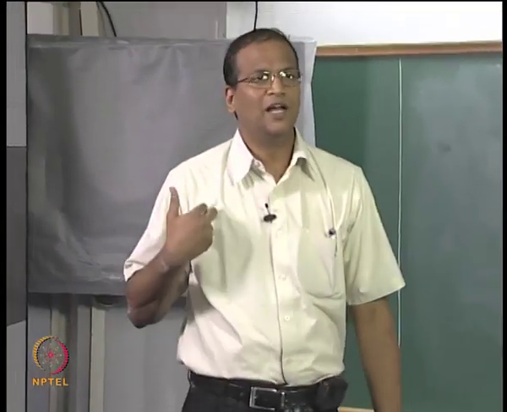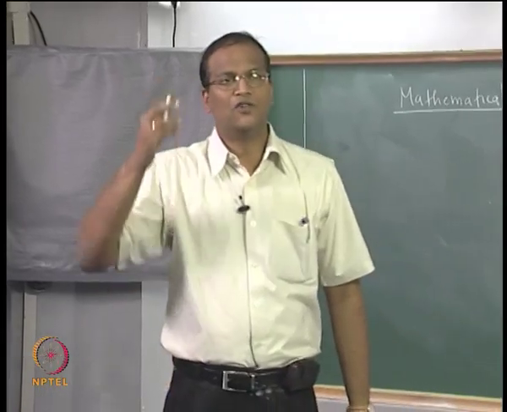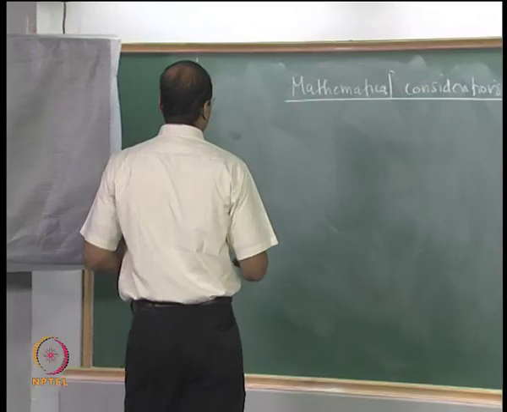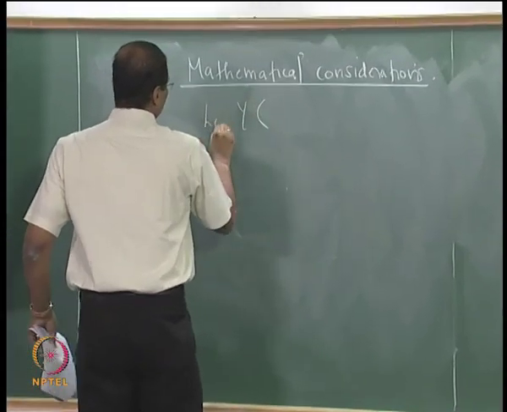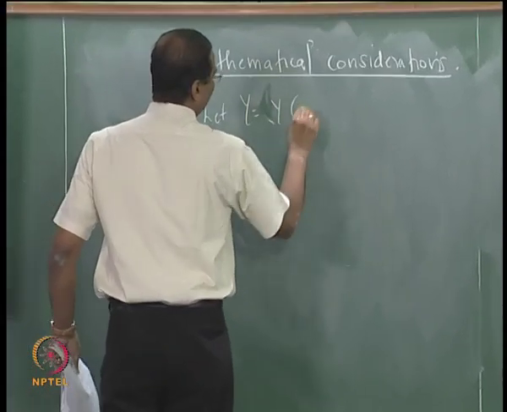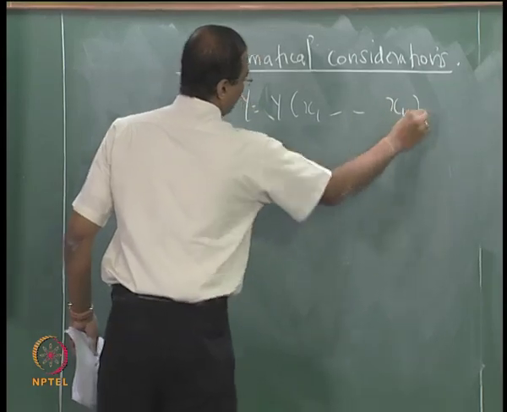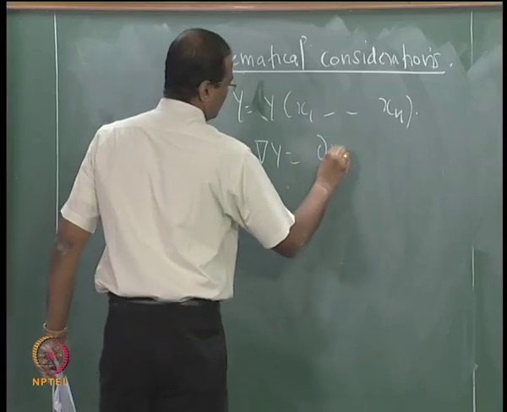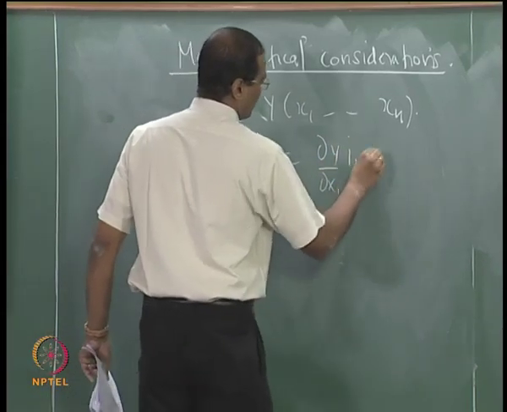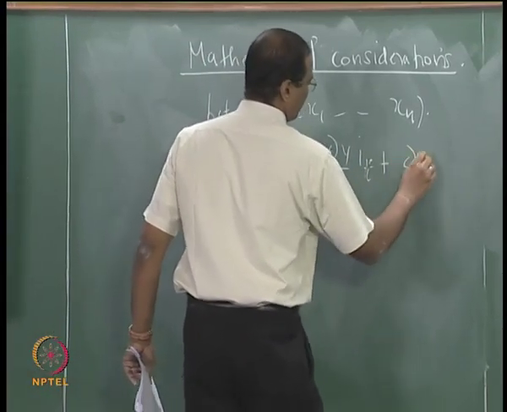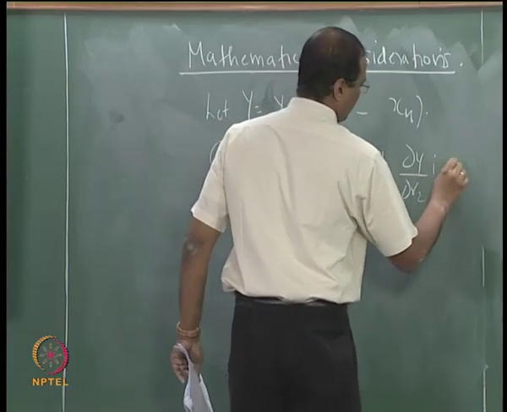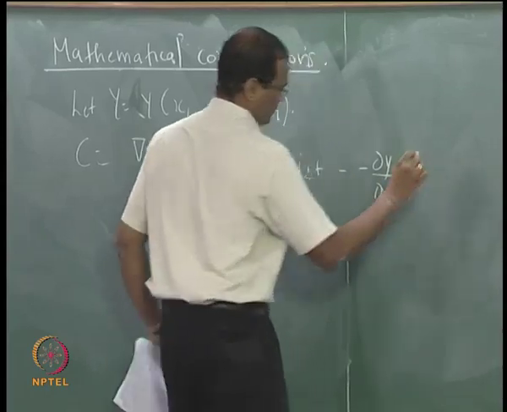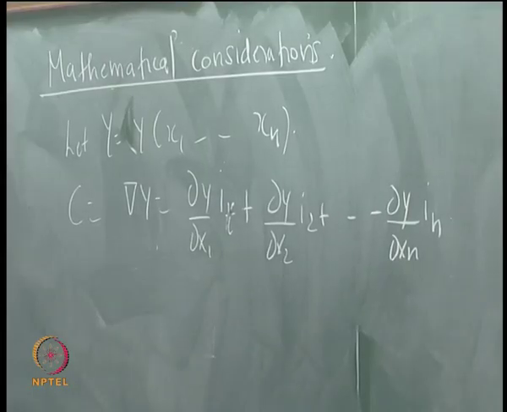First, I gave the algorithm, we solved a problem, we saw two variants or variations, and we solved problems in both. Now what is the mathematics behind it? Let y be y of x1 to xn, and C is the gradient of y.